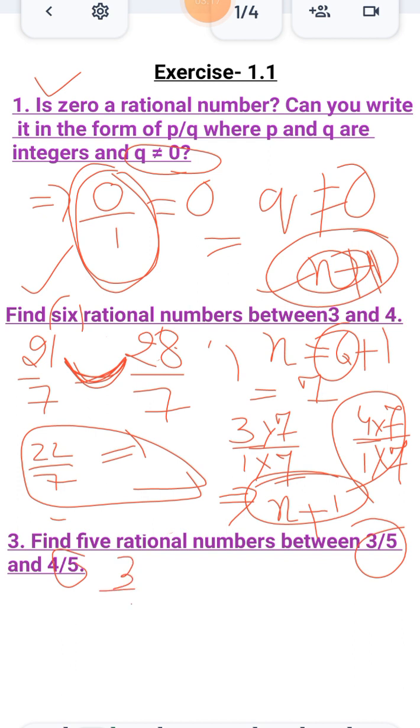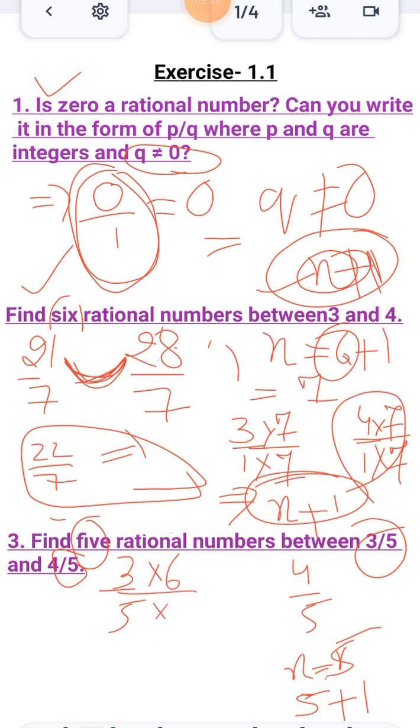Here n is 5, so we multiply numerator and denominator by 5 plus 1, that is 6.